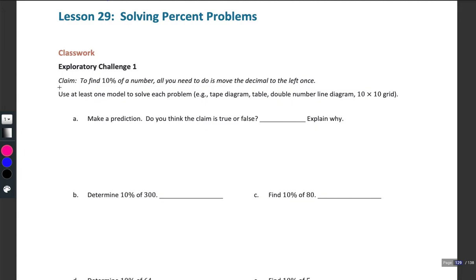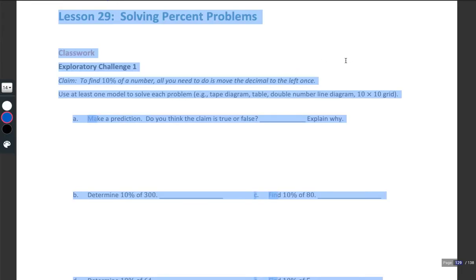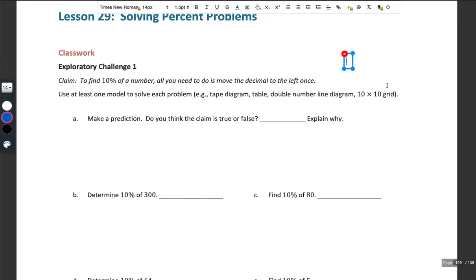And you're making a prediction about the claim that to find 10% of a number, all you need to do is move the decimal to the left once. So what that means is if you had a number, let's say 723.58, to find 10% of this number, what it's saying is move the decimal place from here to the left once.